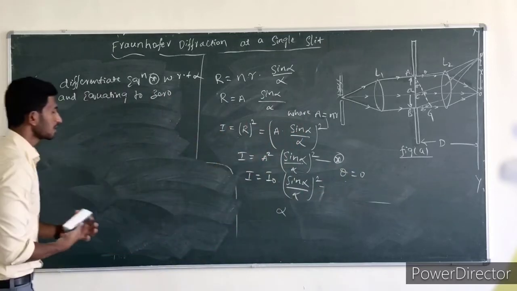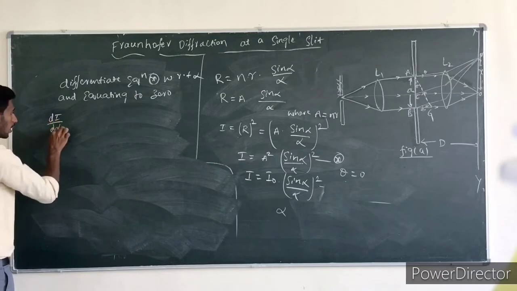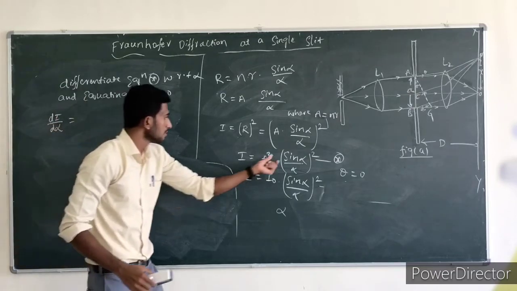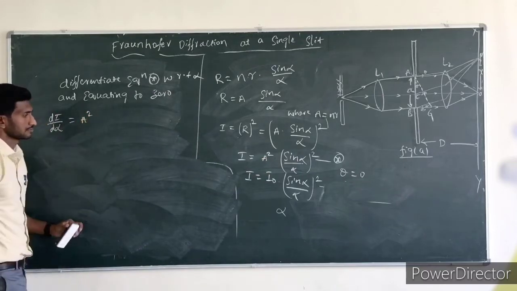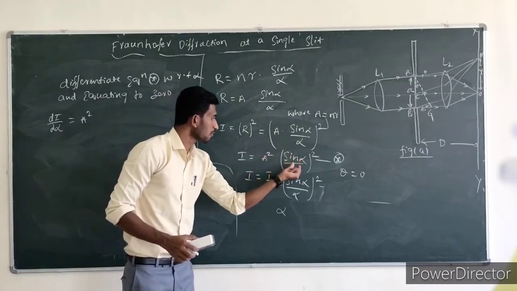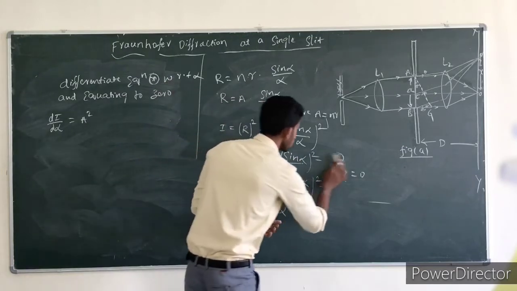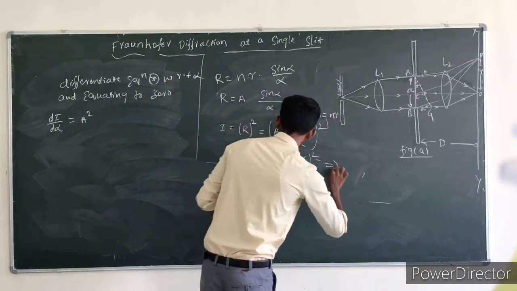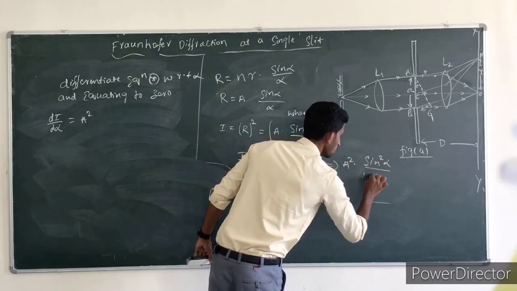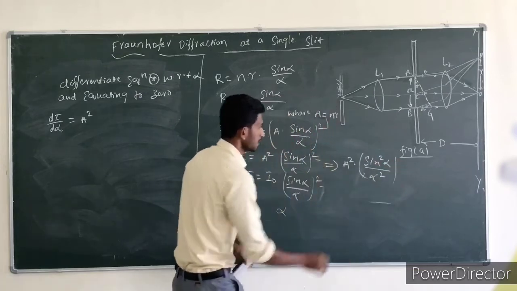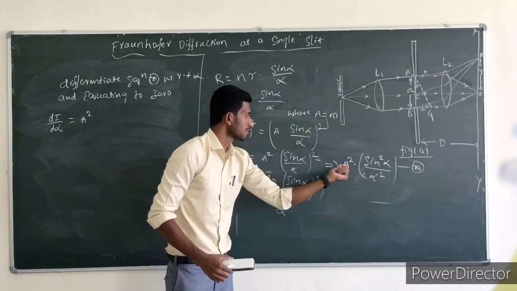So when I differentiate that equation with respect to alpha, LHS becomes dI by d alpha. See, a square is constant and written as it is. Now this can be written as a square into sin square alpha by alpha square. Now if I differentiate this, a square is constant.